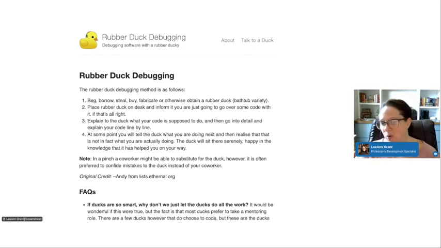In a pinch, somebody might be able to substitute for a duck. You could use anything else. You don't have to use a rubber duck, but it has become commonplace in a lot of classrooms using this debugging method. So check out this website.